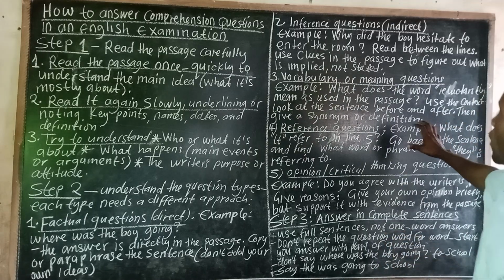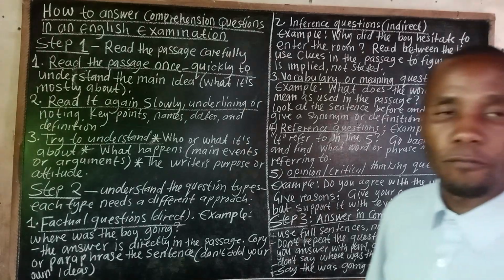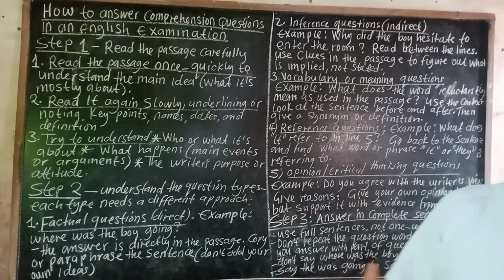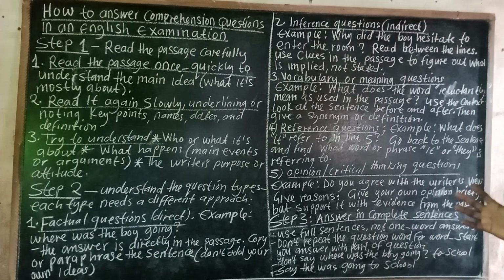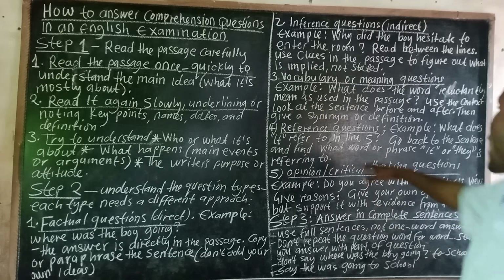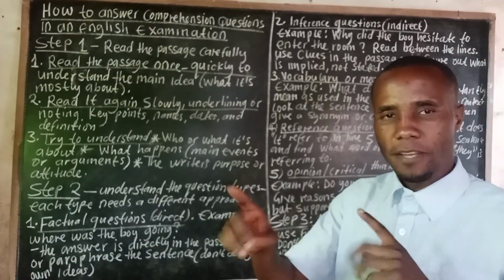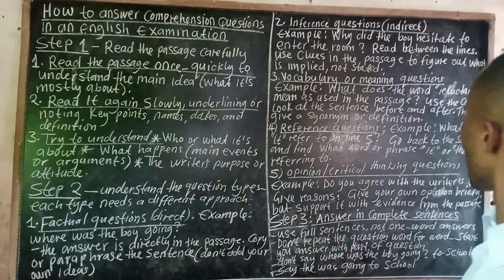That is vocabulary. Then you go to type of question number 4, which is reference questions. Let us look at an example of a reference question. Example, what does it refer to in line 5? When they say that, they have given you the line, line 5.